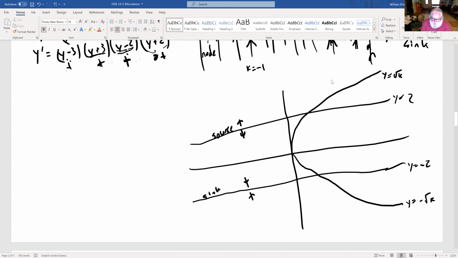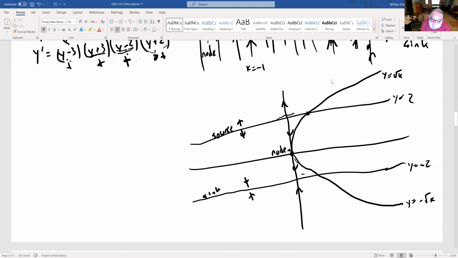This one's a node. Stuff is going down and down, and still up and away. So that's a node at 0, 0. This is continuing as a source. This is continuing as a sink. What about these things?